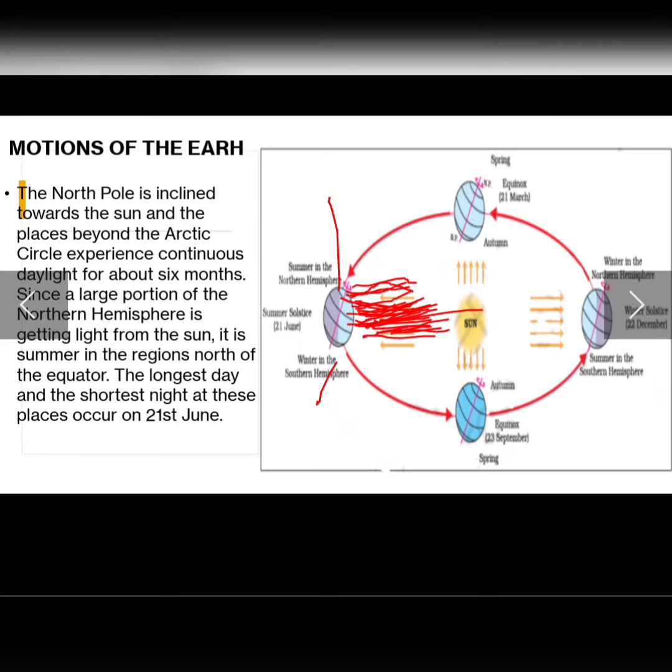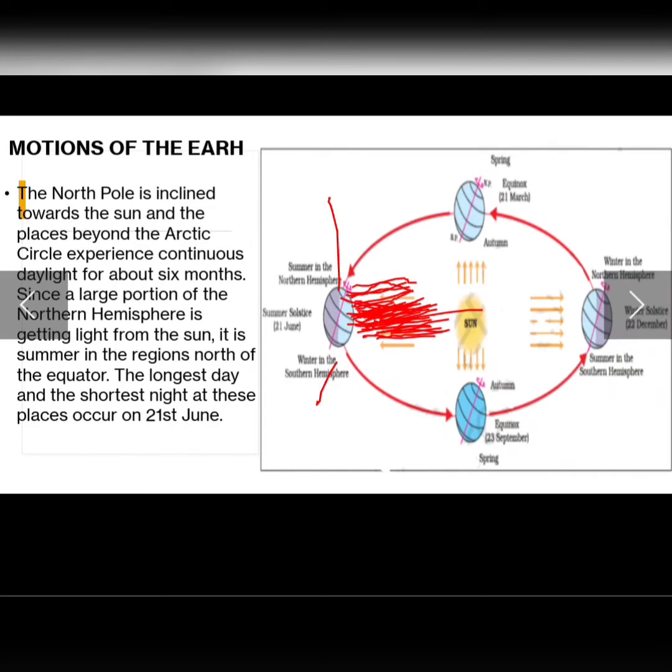So when they are experiencing continuous daylight for the next 6 months, it means in that portion there will be summers. So we can say that in the northern hemisphere there will be summers, because this portion is receiving direct sunlight for the next 6 months. So it is experiencing summer and they are having light.